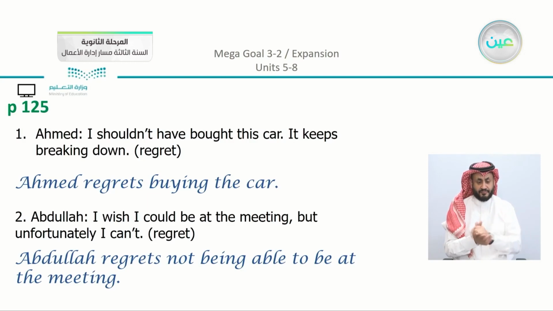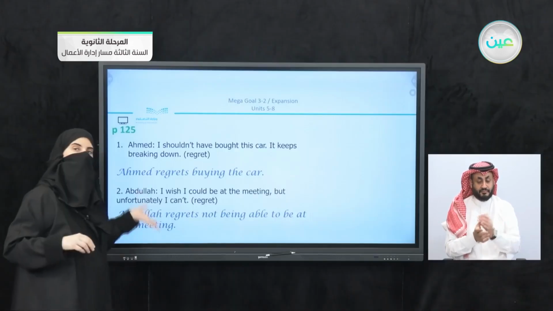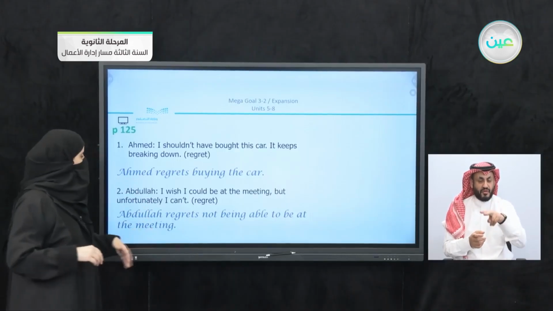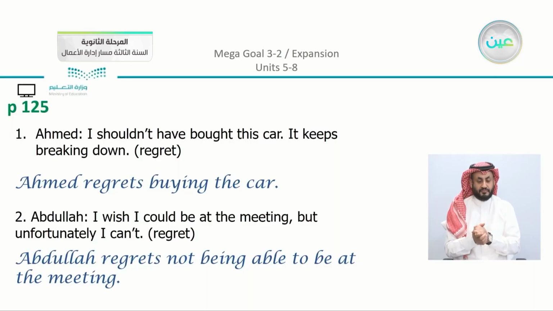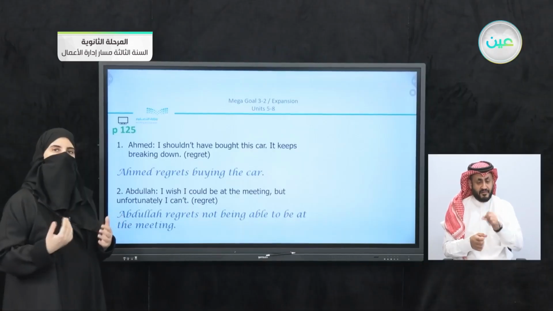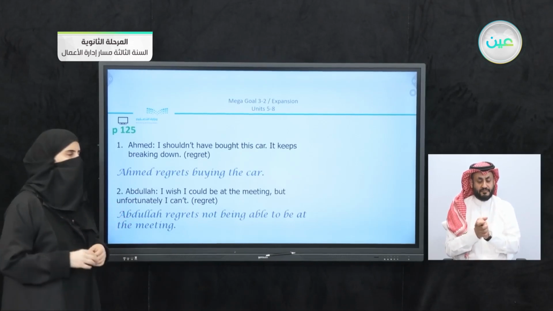Adela said, I wish I could be at the meeting, but unfortunately I can't. Also, there is regret. But here, note the difference between the two sentences. The second one, Abdullah regrets not being able to be at the meeting. So here you can see that we have the same verb, but we used it in different structures.